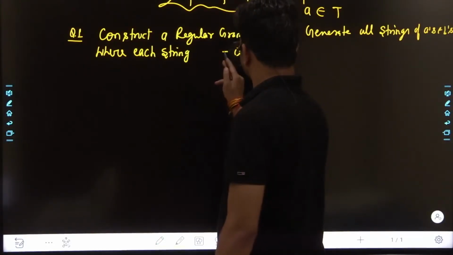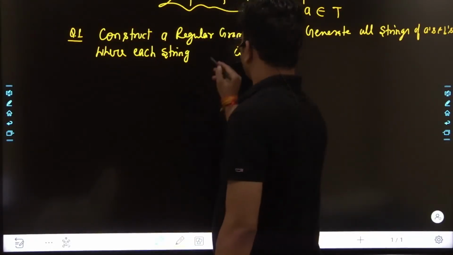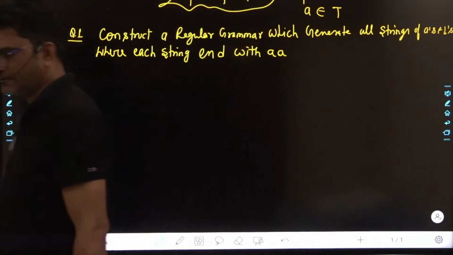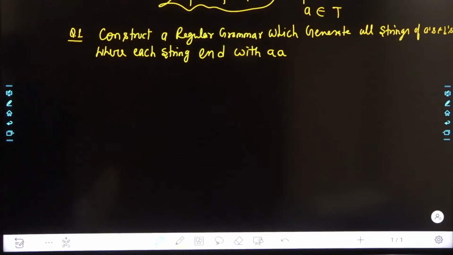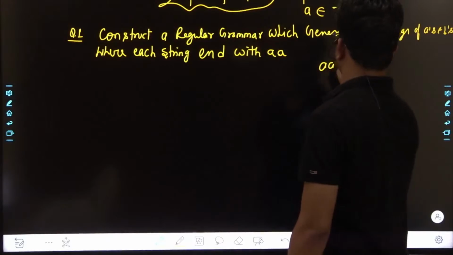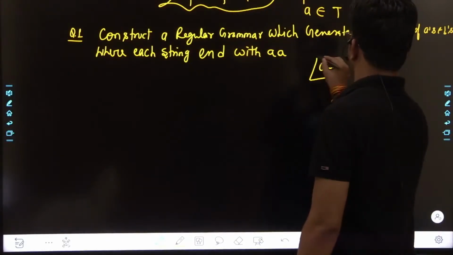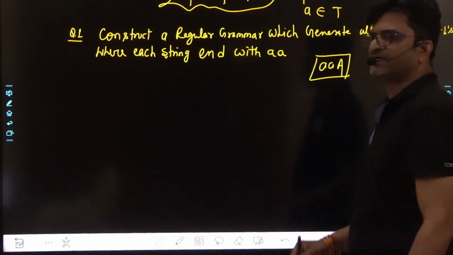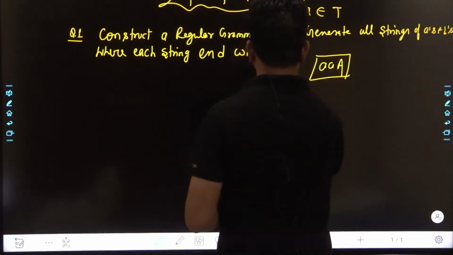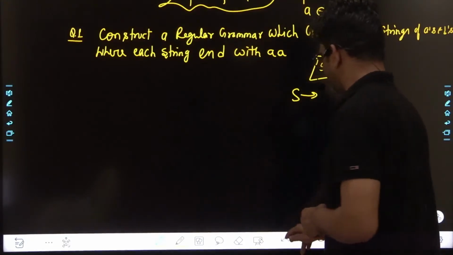End with double A. Why is it not valid? Because it does not satisfy the restricted right linear form. So what is the restricted right linear form? Please listen carefully.